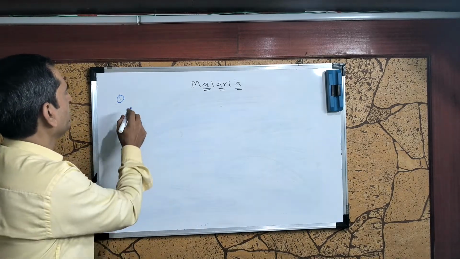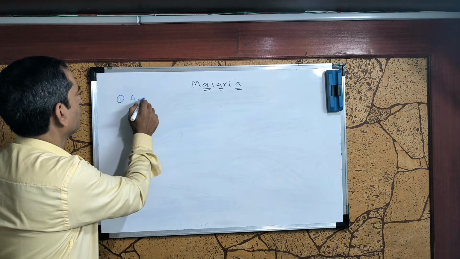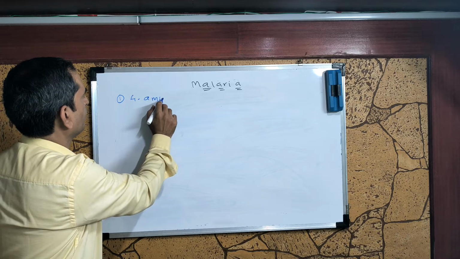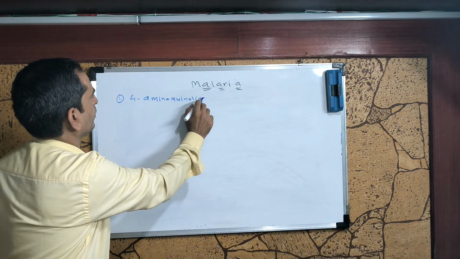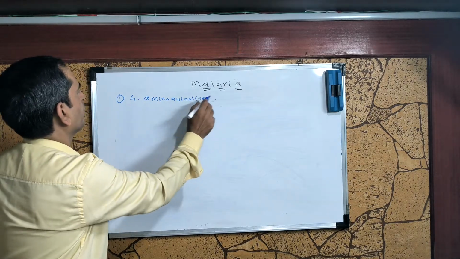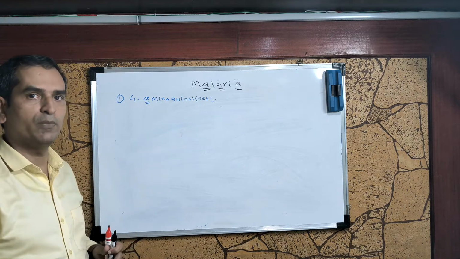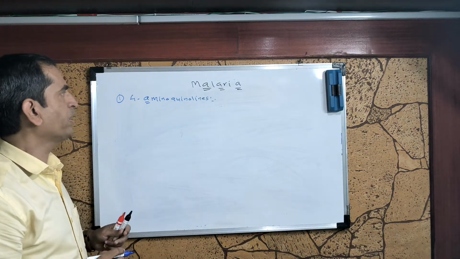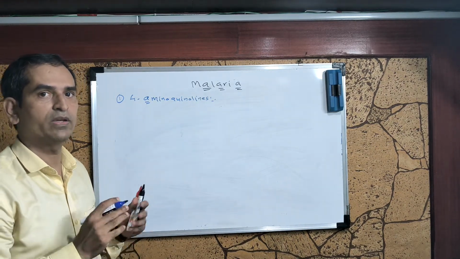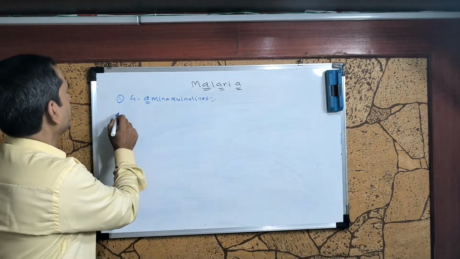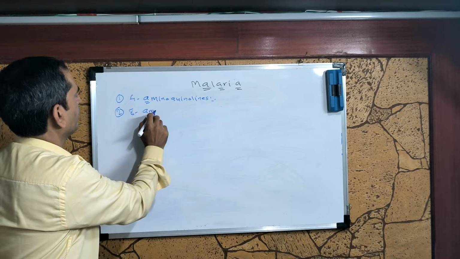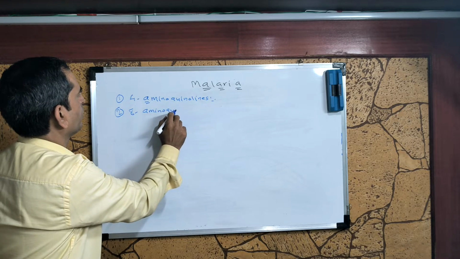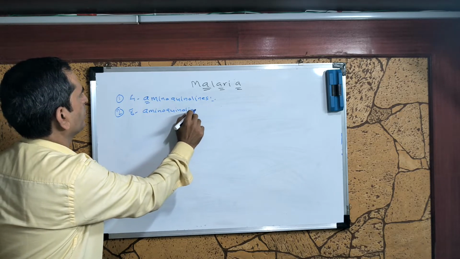So the first category is called 4-aminoquinolines. So here A has come here, 4-aminoquinolines. That is the first category of antimalarial drugs based on the chemical classification. The second category is 8-aminoquinolines.